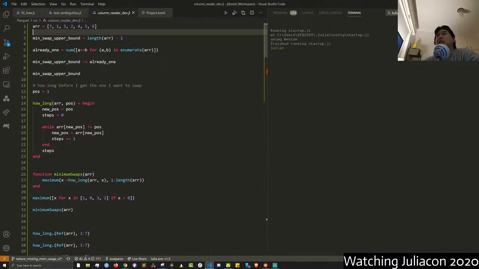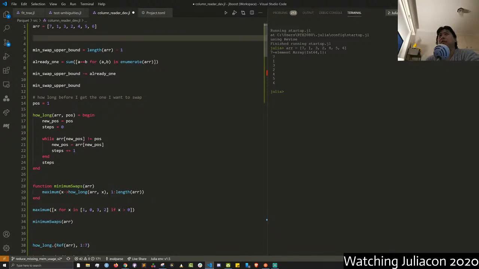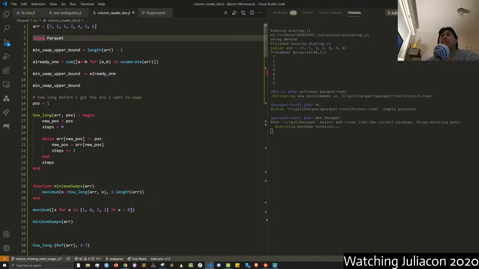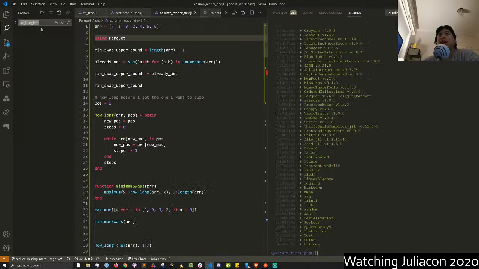So if I'm doing this using Parquet, I'll actually check my Parquet. Let's just activate the Parquet test environment. I think in Parquet there's a function called metadata.